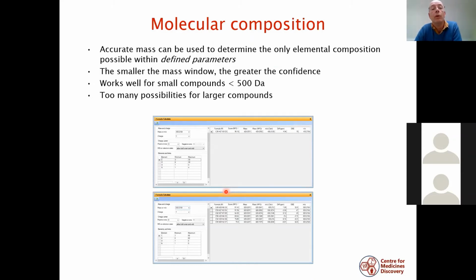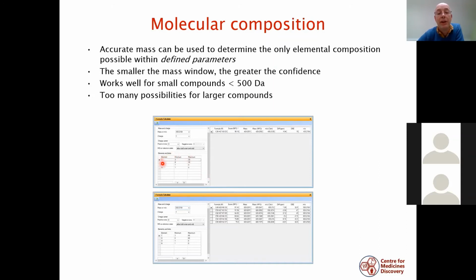So we've measured the accurate mass, and we can use this to determine the elemental composition. In our software, there is a formula calculator. What we do with this is we give it an accurate mass that we've measured and set some defined parameters, for example, which elements we are expecting and the maximum and minimum number of each of these elements.